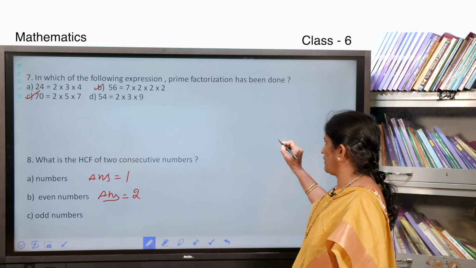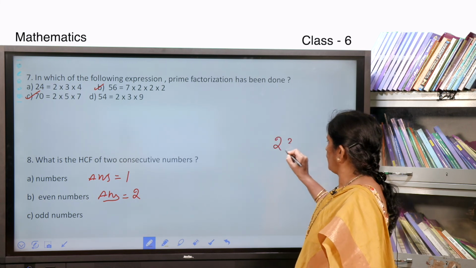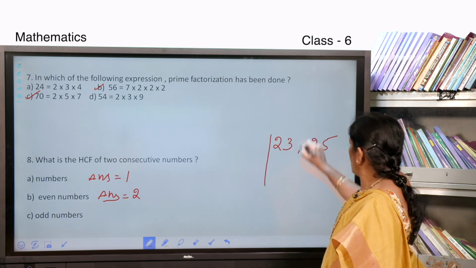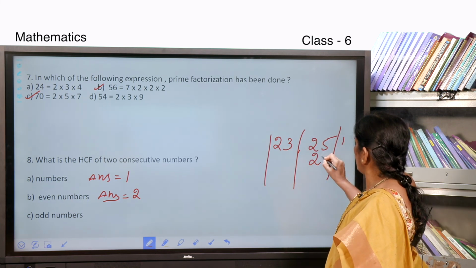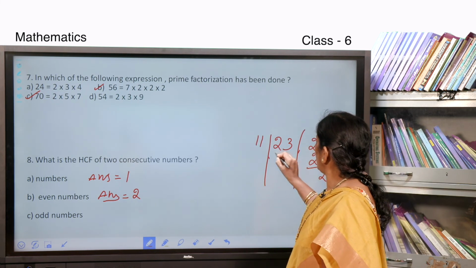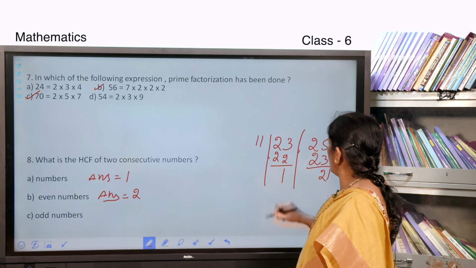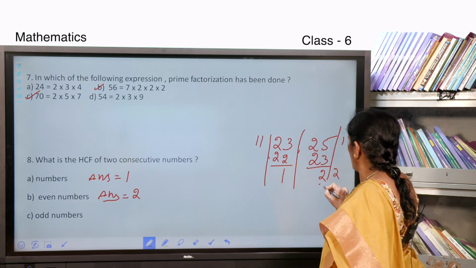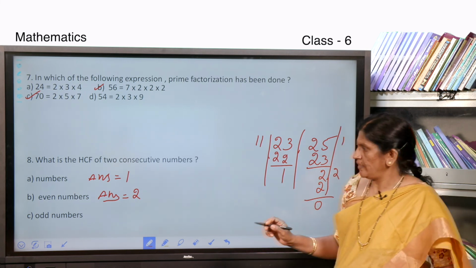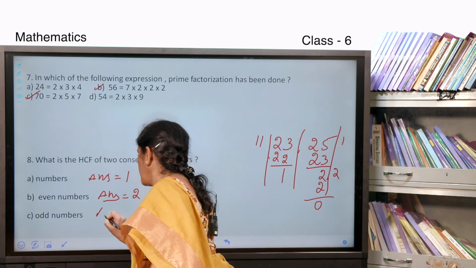Next, odd numbers. Take any two consecutive odd numbers, 23 and 25. 23 1s are 23, remainder 2, 2 11s are 22, remainder is 1, 1 2s are 2, remainder is 0. So, 1 is the HCF. So, here also the answer is 1.